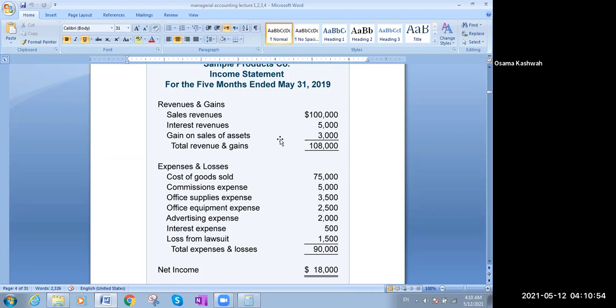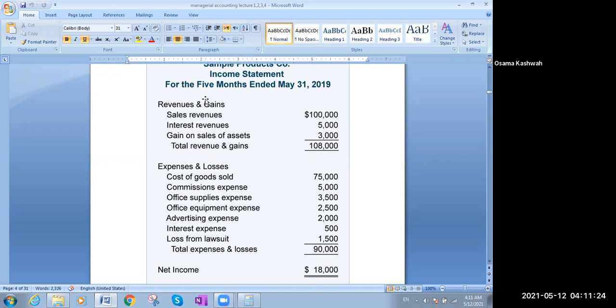Gain on the sales of assets: as an example, I sold assets for 5,000 and earned 2,000 as profit. So those are also gains on sales of assets. So any revenues will be here. When we add 100,000 plus 5,000 plus 3,000, all will come to 108,000. This is the total revenues.